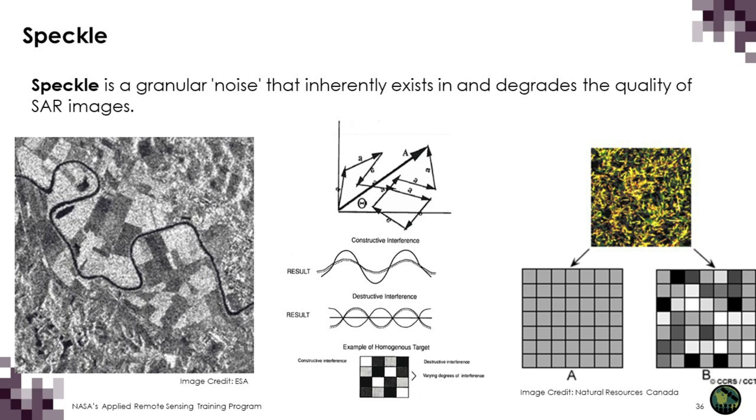But in radar images, the reflections from individual blades of grass within each resolution cell results in some pixels being brighter and some being darker than the average tone. And that field will appear speckled, as you see in image B on the far right.